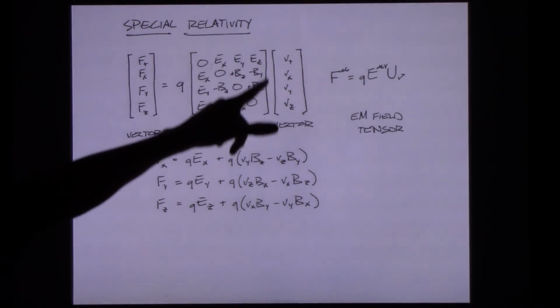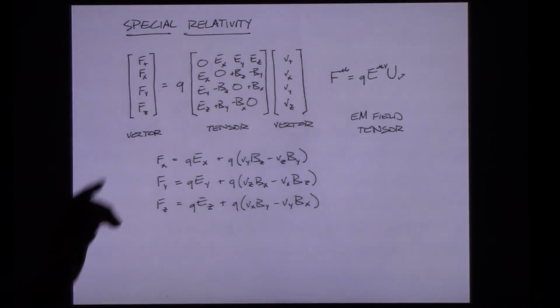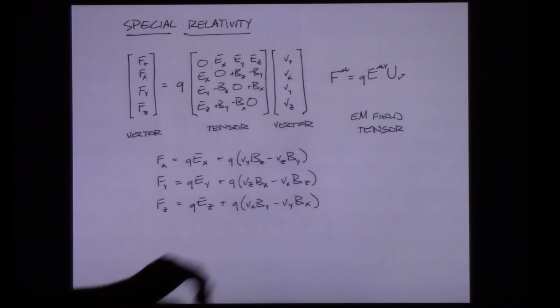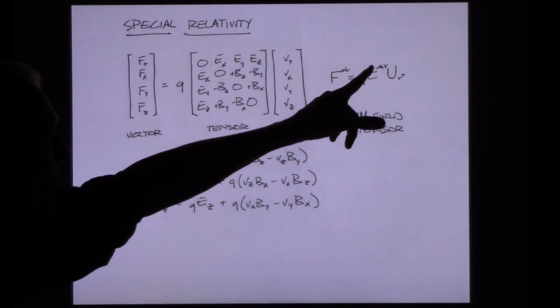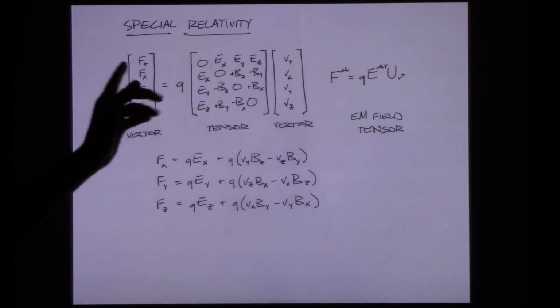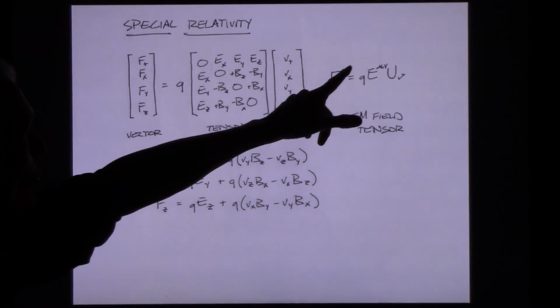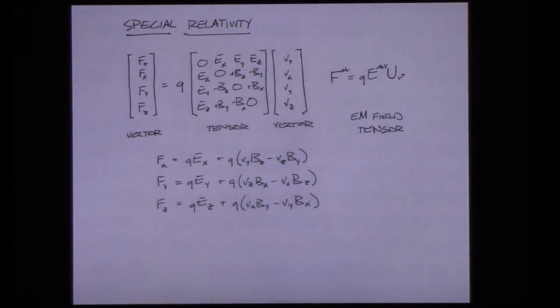So this now is a representation of all 6 components of the electromagnetic field. They're all part of the same package. And that's represented with 2 indices because I have rows and columns. So the mu's and the nu's in this formula have 4 dimensions to them instead of 3.